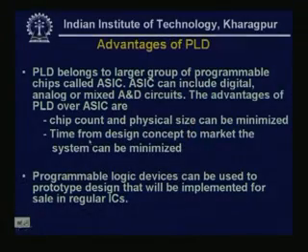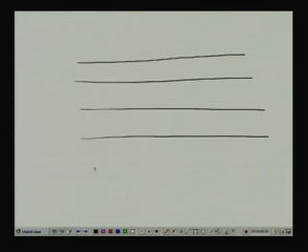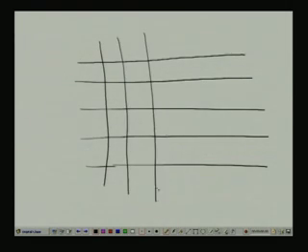Another thing is that the arrays are already there. In a very simple way, say this is some 2D array, with some rows and some columns. We will see later how actually they are designed.